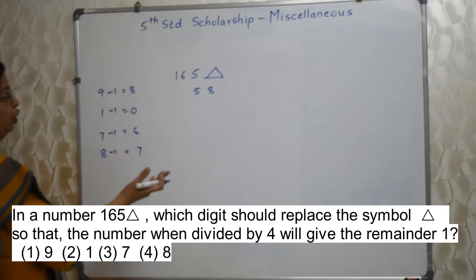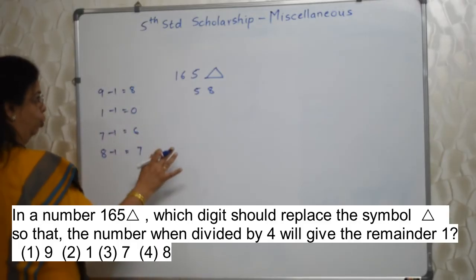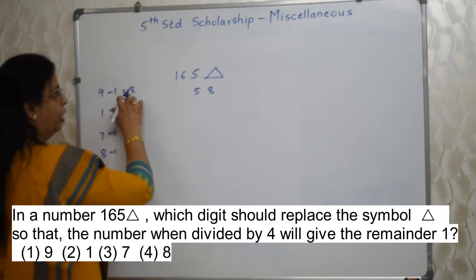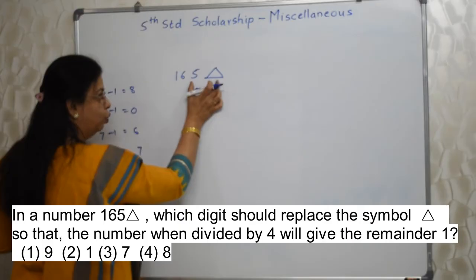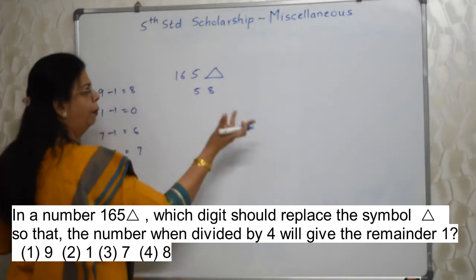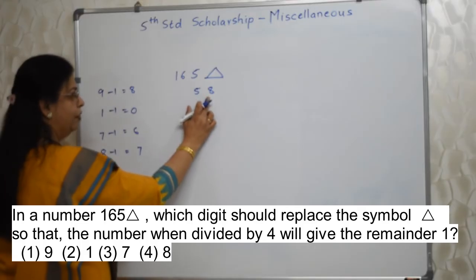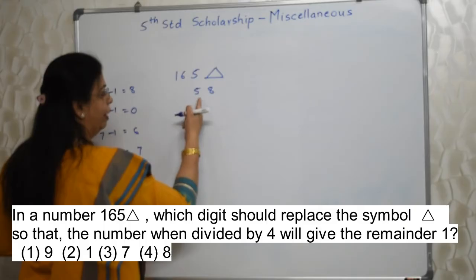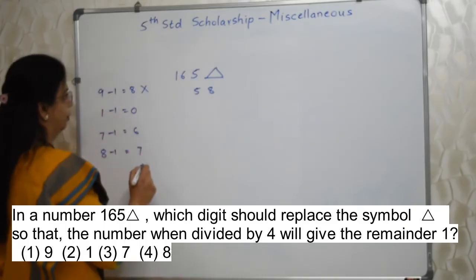Okay, now that tension of remainder is not there. We have removed that remainder. So after removing that remainder, whatever digit comes, if we replace it here, then whatever last 2 digits are there, they should be completely divisible by 4, right? So 58. Is it divisible by 4? No. We don't get remainder 0 when we divide 58 by 4. So this option is not correct.